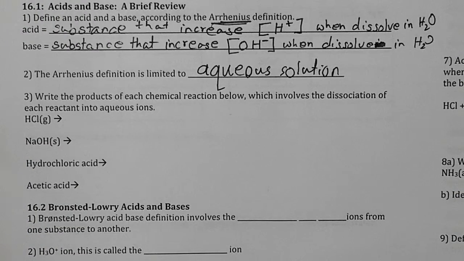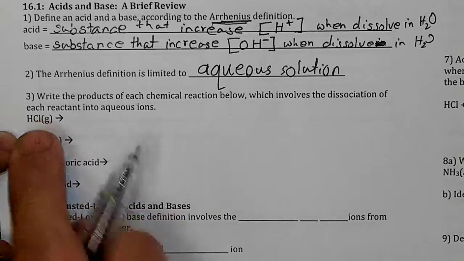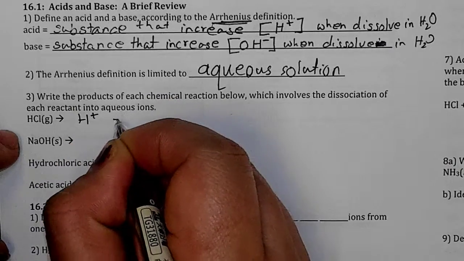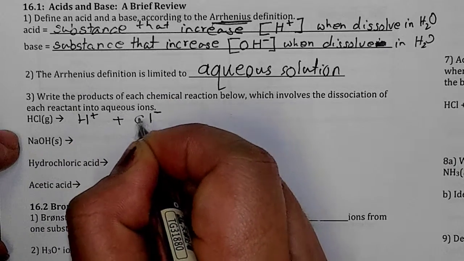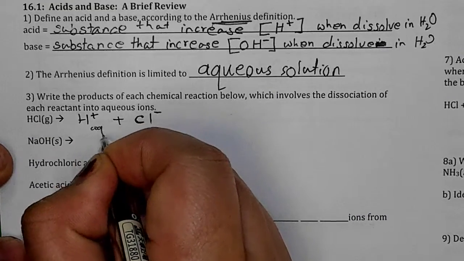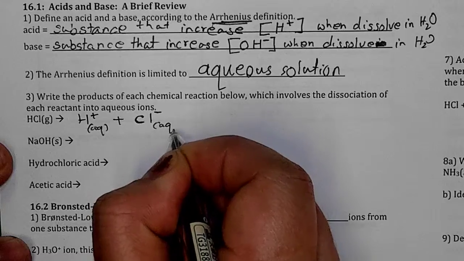All right, let's go through number 3. You need to write down a dissociation of each of these in an aqueous ion form. So HCl is gonna do what? Right, it's gonna go H plus and Cl minus. Okay, what's their state of matter? Aqueous. Right? AQ, AQ.